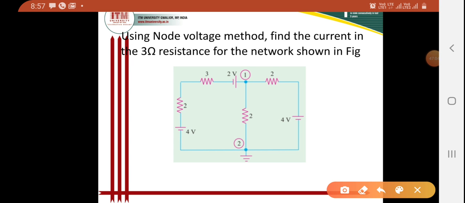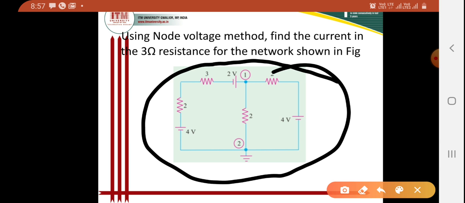Using a node voltage method, find the current in the 3 ohm resistance for the network shown in the figure. So based upon this figure, by using the node voltage method, we have to find the current in the 3 ohm resistance.